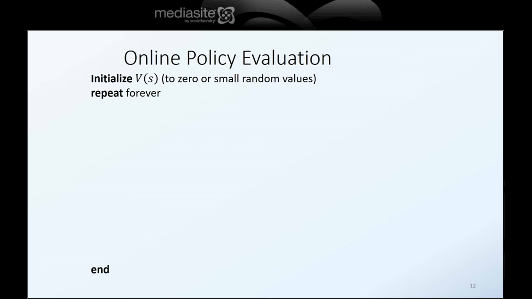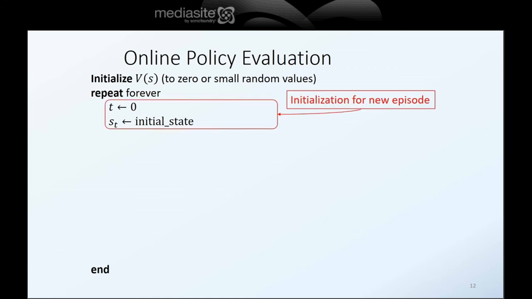So repeat forever, and within this repeat loop, we will have one episode each. An episode will be nested within this outer repeat forever loop. We initialize t equals 0 and the initial state S_0 to be the initial state. Each time we begin an episode, this is what we do. Then we begin running the agent, which could be a robot or whatever, for that particular episode.